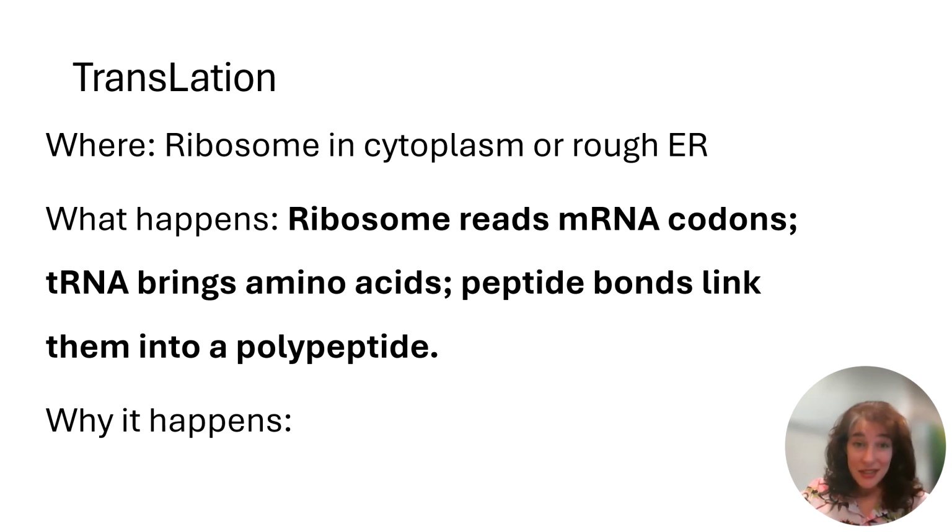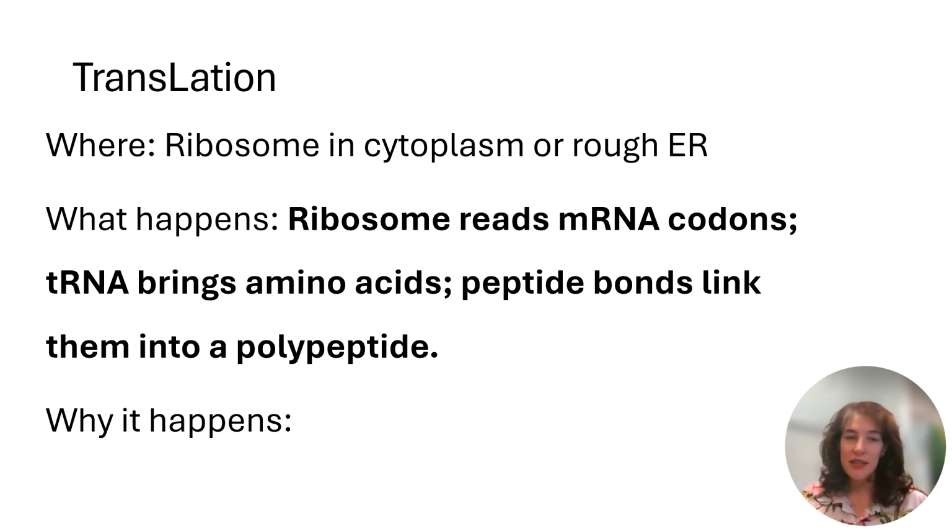What happens during translation is the ribosome reads the messenger RNA codons, and remember codons are those triplet nucleotide bases, those nitrogen bases. And transfer RNA brings amino acids, and the peptide bonds link them into a polypeptide. So the ribosome reads the messenger RNA codons.